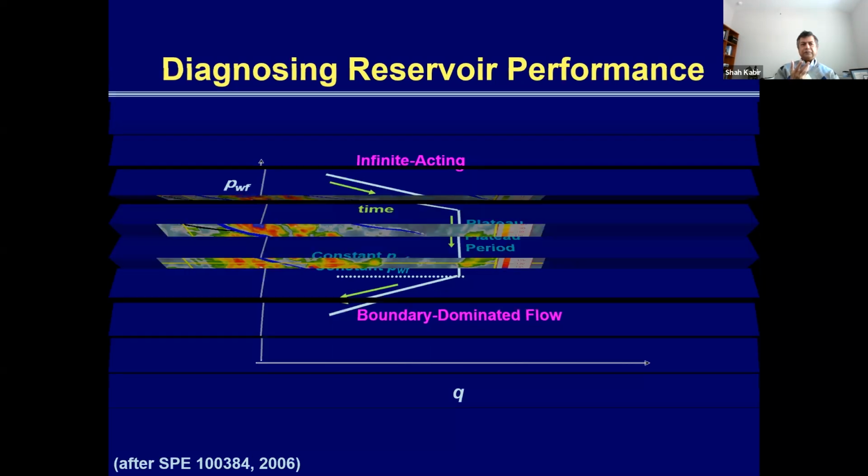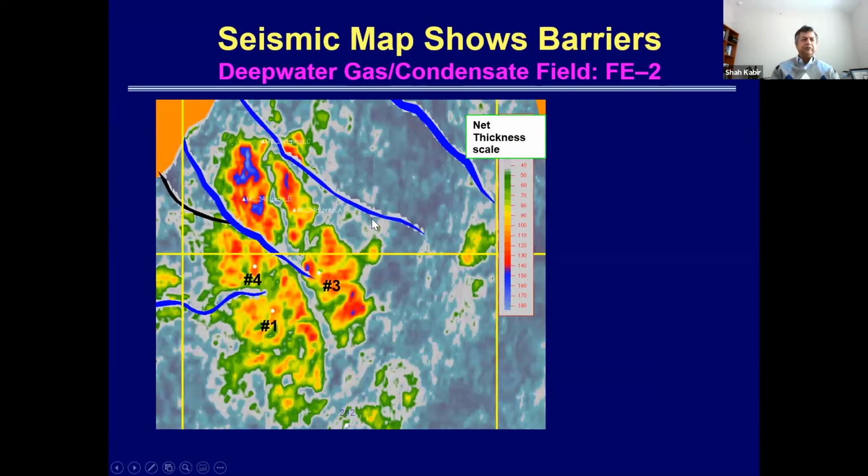Okay. So here's a couple of real life field examples from Deepwater Gulf of Mexico. Here's a geologic map. The seismic study is telling us that maybe these two are in one compartment, and this one is in a different compartment.